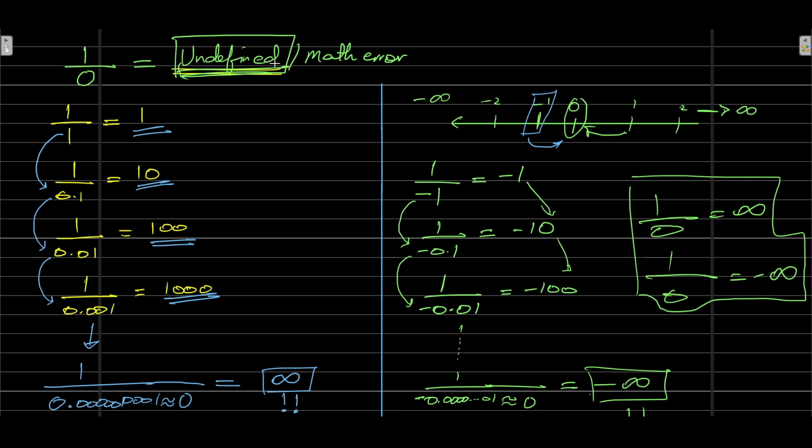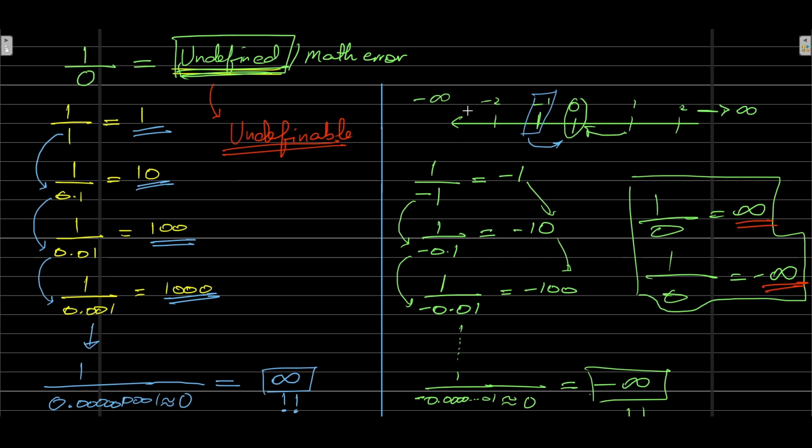The word undefined basically shows that the result is undefinable, something you cannot define, something which does not have a specific result. Here we have a positive infinity, while here we have a negative infinity, so we cannot have any specific result.